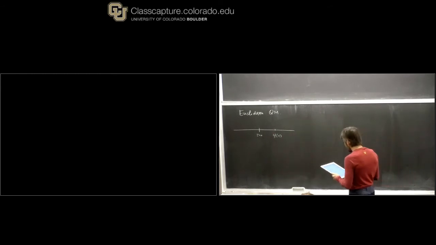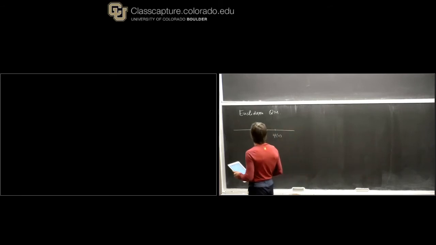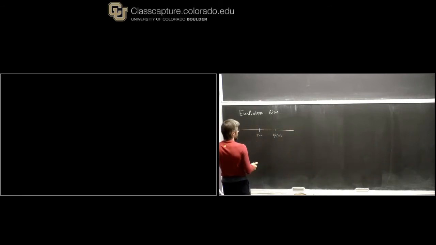In this case, I know what my Hilbert space is. If I'm just doing the quantum mechanics of one particle moving on a line, then this Hilbert space is just L2 of R.